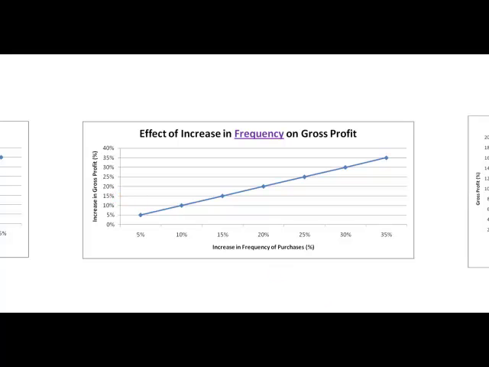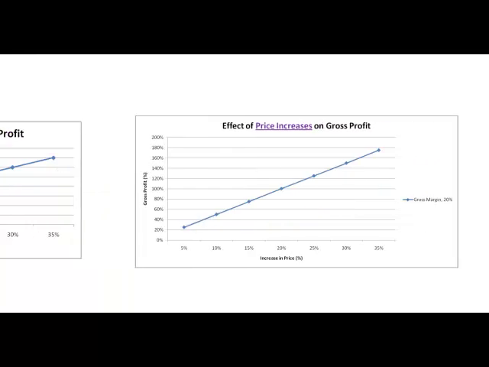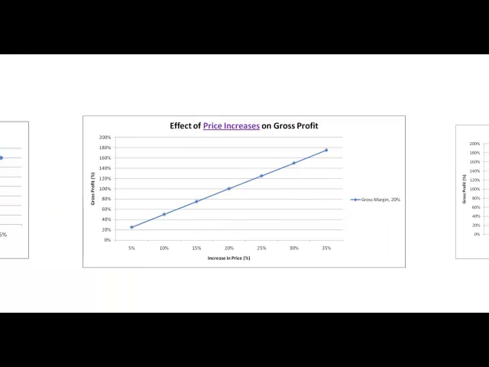Let's look at the third variable in the Profit Escalation Formula. That third variable is increasing your fees. Okay, that is increasing the gross margin. Okay, so let's say you sell a product or service that has a gross margin of 20%.